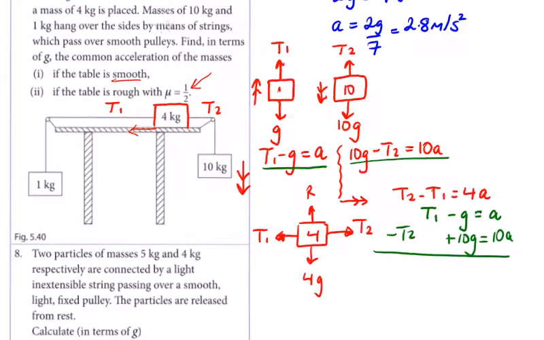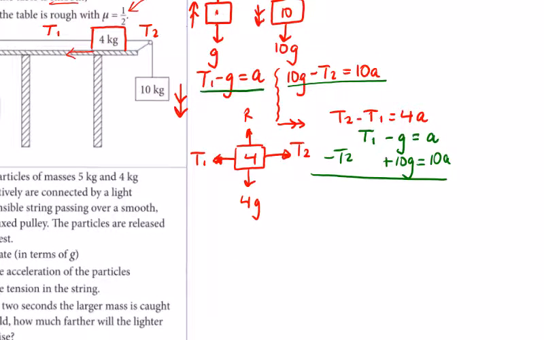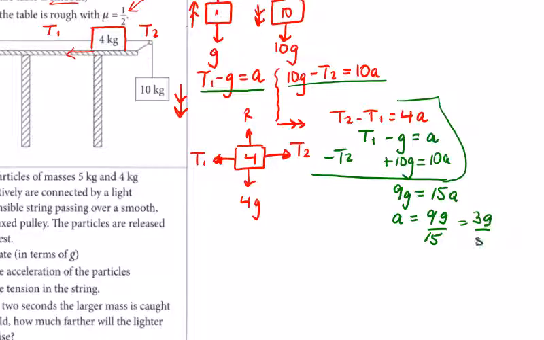So combining all these three, I'm going to get 9g is equal to 15a. Forget about the 4, it's all three of them. So a is equal to 9g over 15, which is equal to 3g over 5 meters per second squared. 9.8 divided by 5.